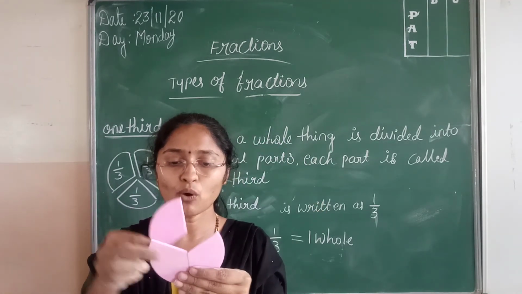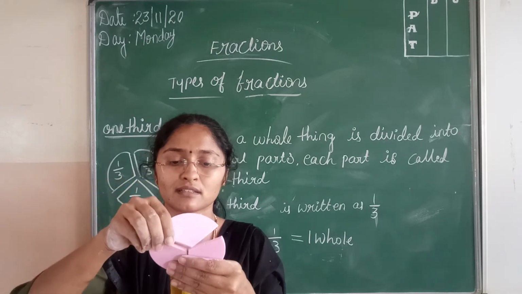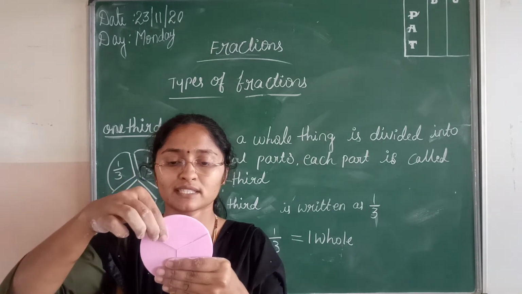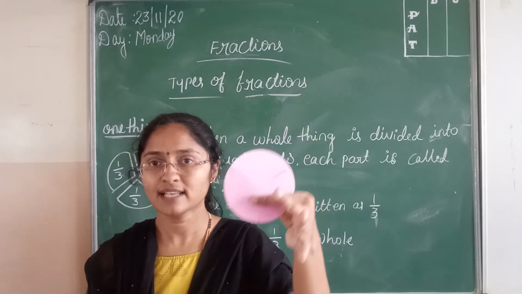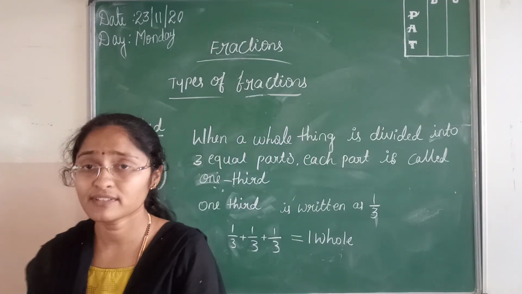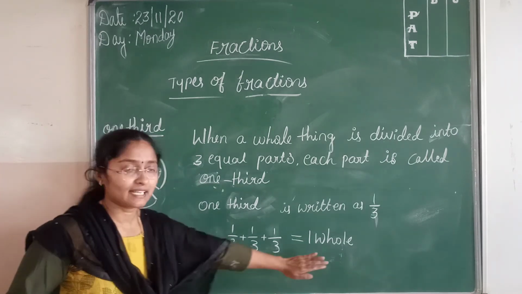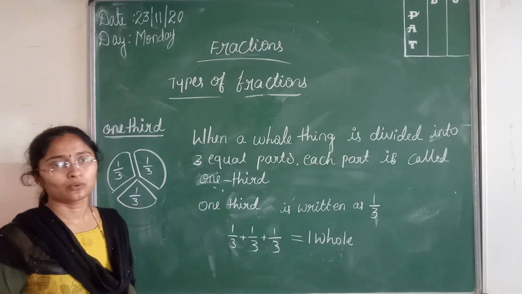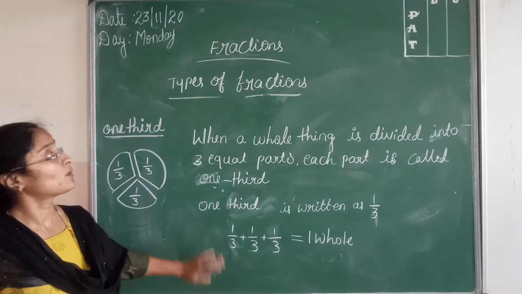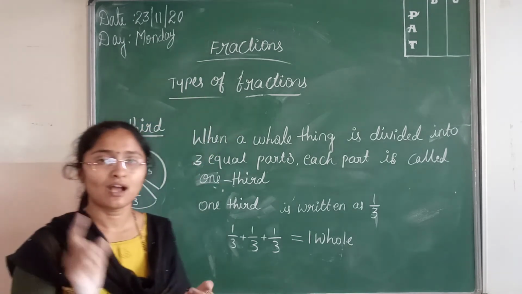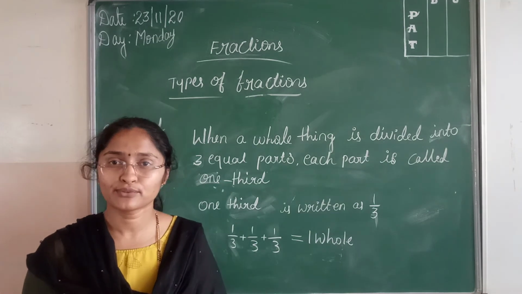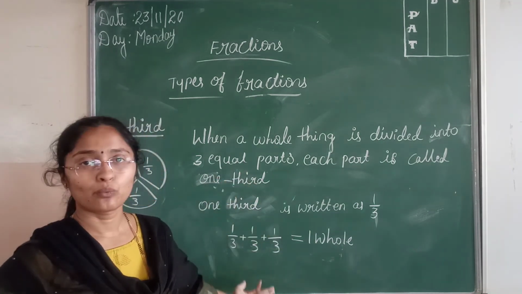When we join all these 3 pieces, we will get 1 whole of it. So when we add all these 3 pieces, again we will get 1 whole. So students, these are what we call the types of fraction. The first one is half, second one is 1/4 and the third one is 1/3.